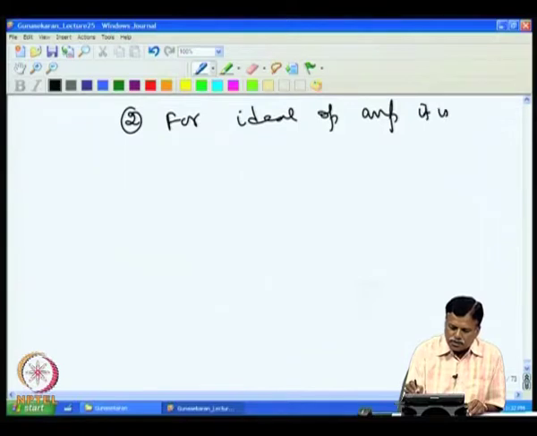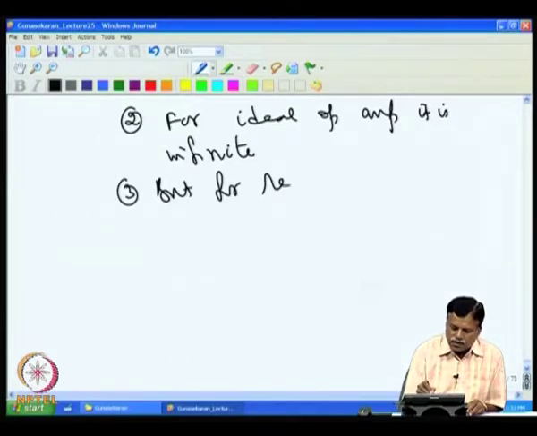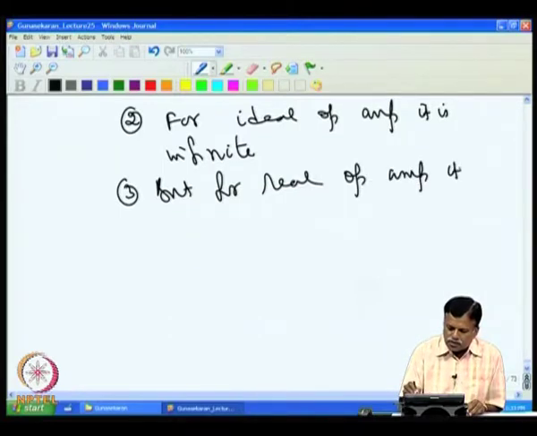it is infinite, but for real op amp, it is not infinite.